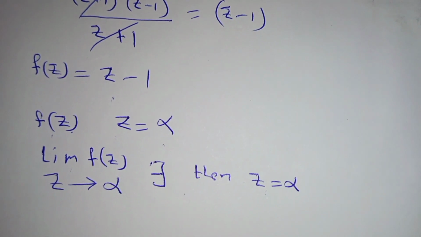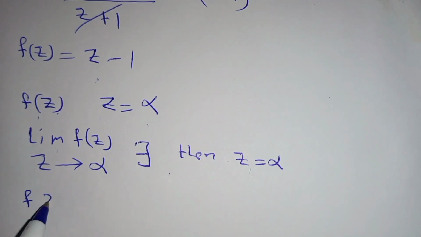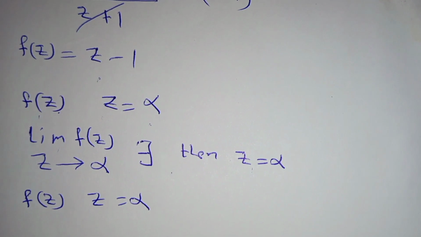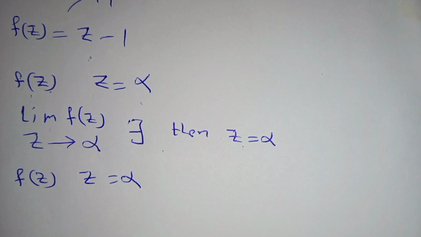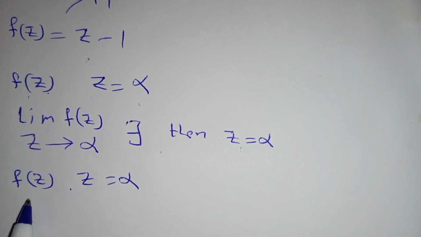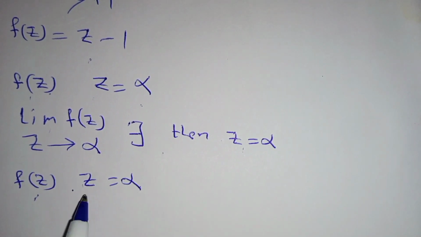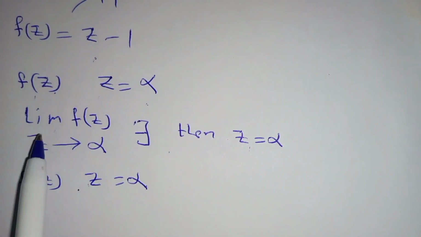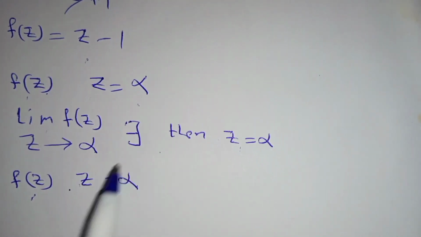So if f of z has a singularity at z is equal to alpha, remember a singularity is a point where the function is not defined, then the singularity at z is equal to alpha of f of z is said to be removable, provided the limit of f of z as z tends to alpha exists.